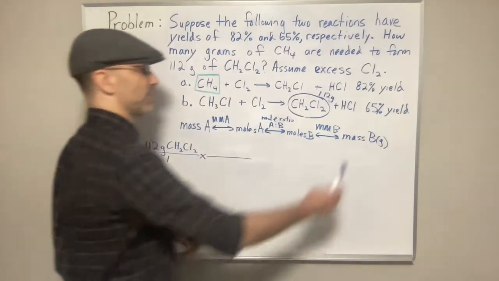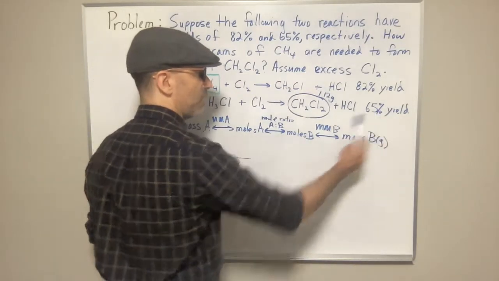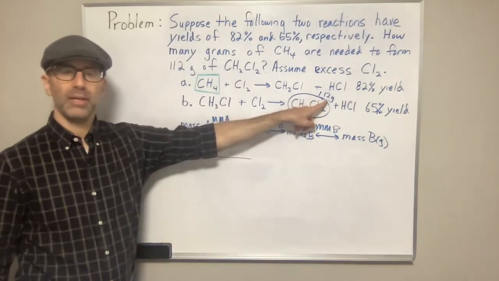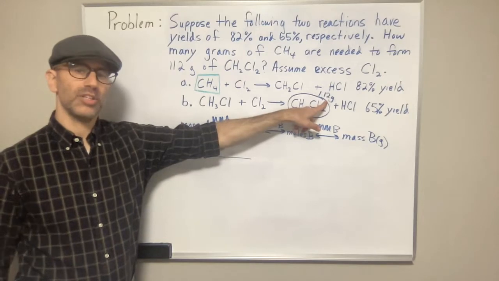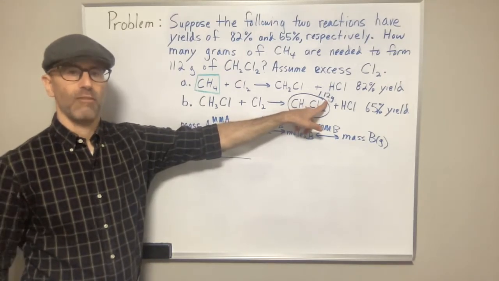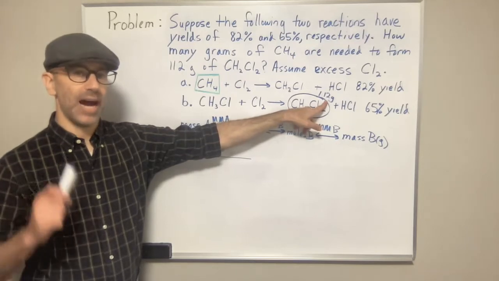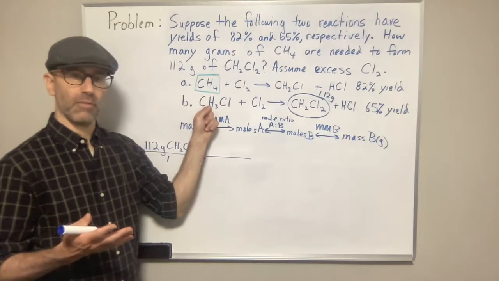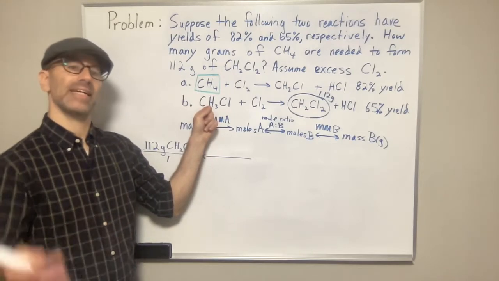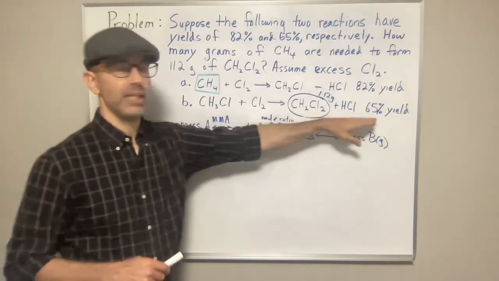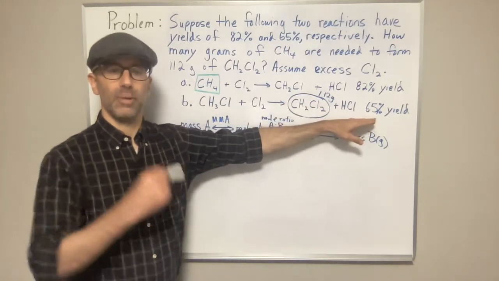But I need to keep in mind that I have 65% yield here. What does that mean? That means that this 112 grams is only 65% of what I should have theoretically gotten. So I lost some of my product, and I need to get that product back. I'm going to have to use the percent yield in order to get some of that product back.